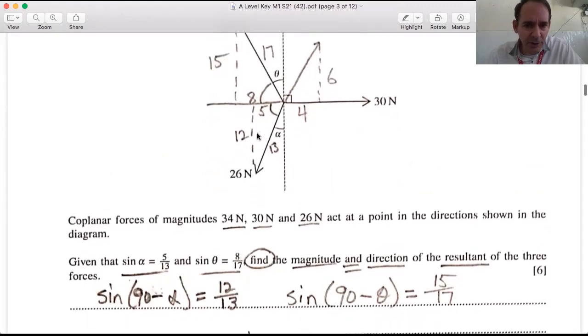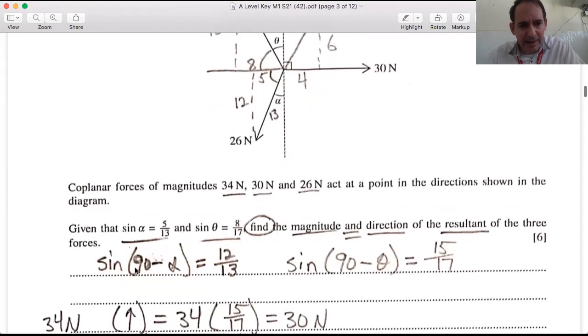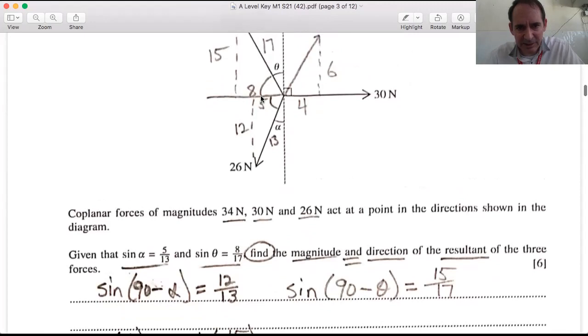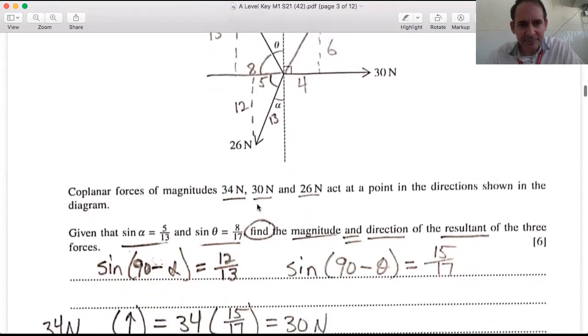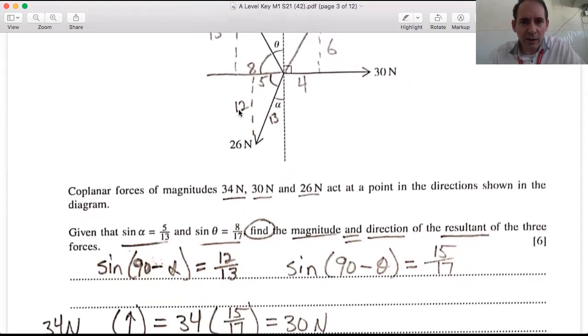If you notice, this one here is a 5, 12, 13 right triangle. So we just put it up against the x-axis here. And so the 90 minus alpha, that is our 90 degrees in this quadrant minus the alpha, will be 12/13 because we're doing sine.